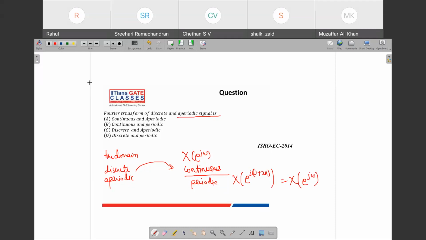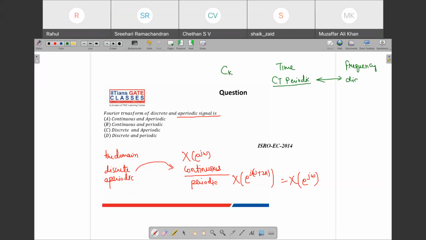So now let me quickly summarize one observation here. This is the time domain I'm talking about, and on the right side I'm talking about the frequency domain. If you have a continuous time periodic signal, in the frequency domain we get discrete frequency, because for the periodic signal we calculated the Fourier series Ck, which was discrete in nature.